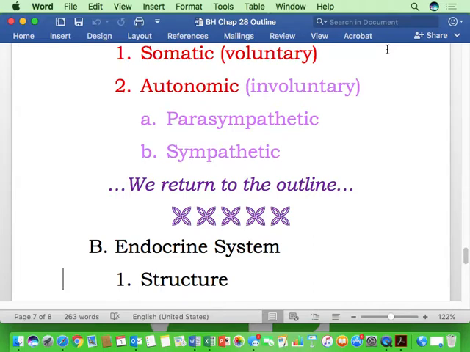And these glands have one thing in common. They all produce hormones. And remember, we said this is the only system that we're talking about in which the organs don't work together. But they all classify as the endocrine system because they produce hormones.